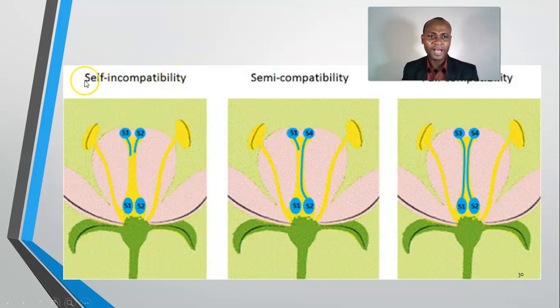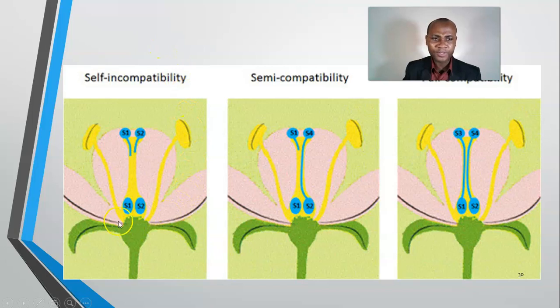So we have self-incompatible, semi, and fully compatible. Here you see that the pollen from here does not go down to fertilize the eggs here. Here we see half of the pollen fertilizes half only. And then here we have all the pollen fertilizing the eggs here. So this is fully compatible, this is semi-compatible, and this is incompatible.